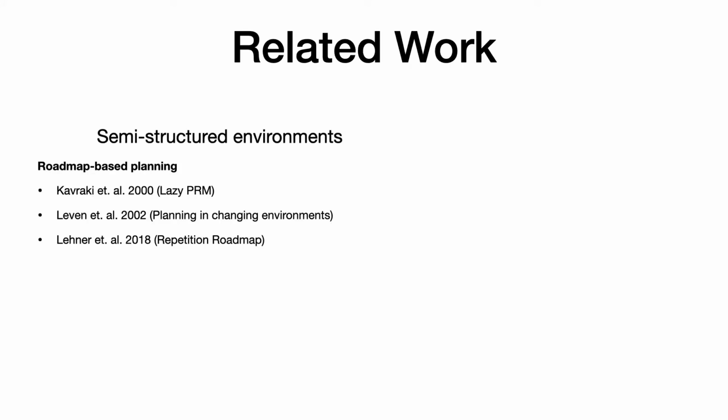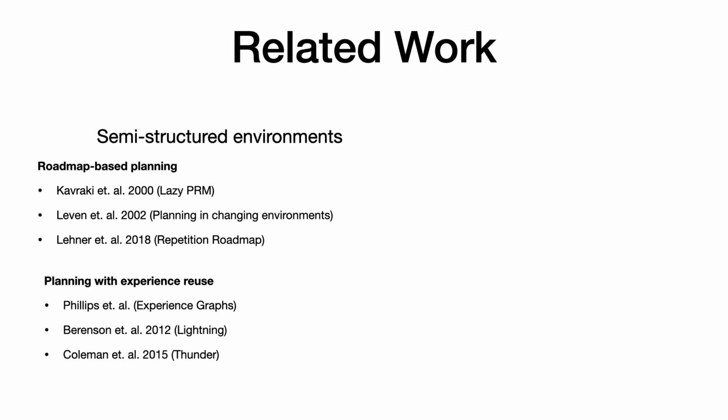Let's look into some of the related work. For semi-structured domains, roadmap-based planning approaches have been very popular historically. They construct a roadmap offline and perform a search at runtime to find a path. To account for any changes in the environment, some of these methods defer the collision checking operations to the online phase, while other methods repair the pre-computed roadmap at runtime to handle any changes in the environment.